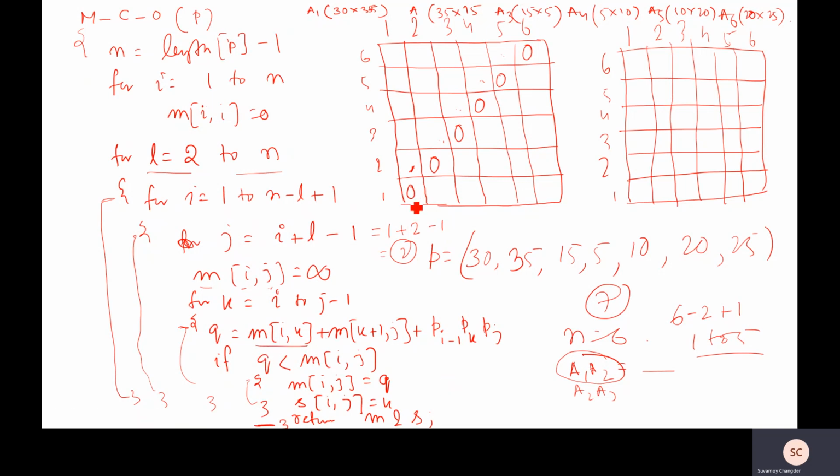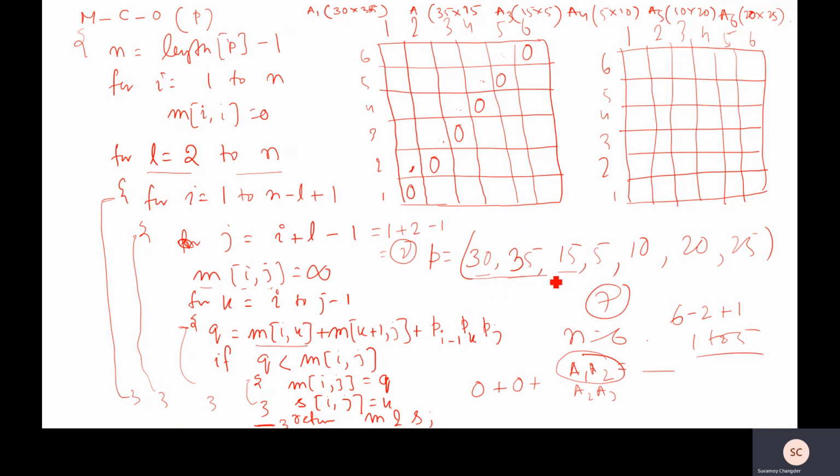What is the value of m[1,1]? 0. Plus m[k+1, j], what is the value of m[k+1, 2]? 0. Plus p[i-1], that is i value is 1, p0, what is the value of k? 1. So multiply p0, p1 and p2. p0 is 30, p1 is 35, p2 is 15.